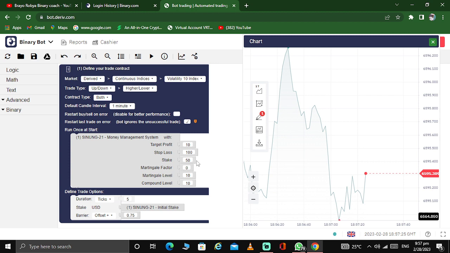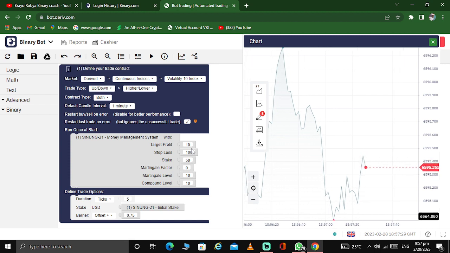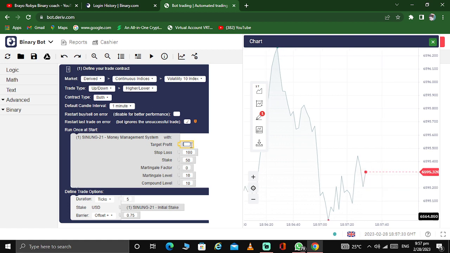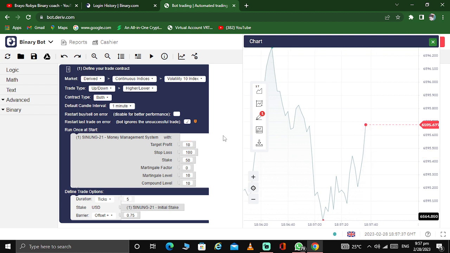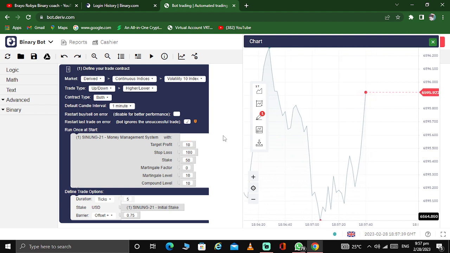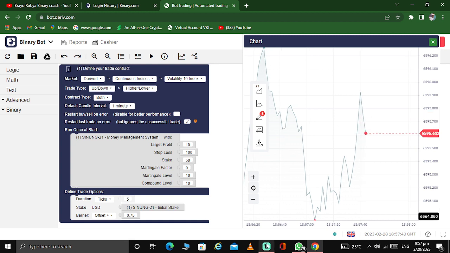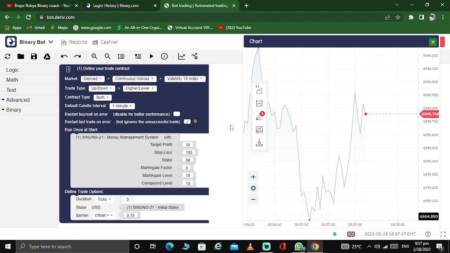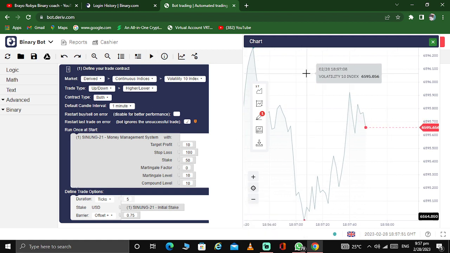I promise you we are not going to make a loss. Let me just leave it at 10. I'm going to run this bot and make at least $10 with it.